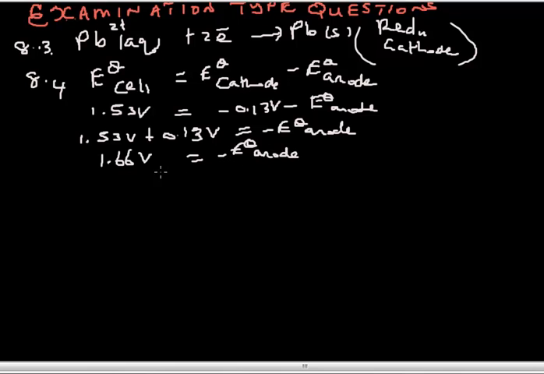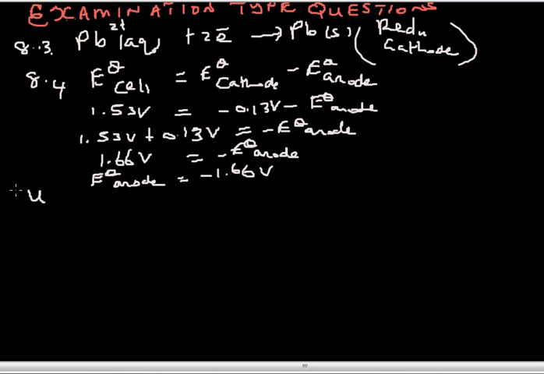Dividing by minus 1 on both sides, the electrode potential of our anode is equal to minus 1.66 volts. If we find from our standard reduction potentials the half cell with this particular electrode potential, we see that it is the one for aluminium.